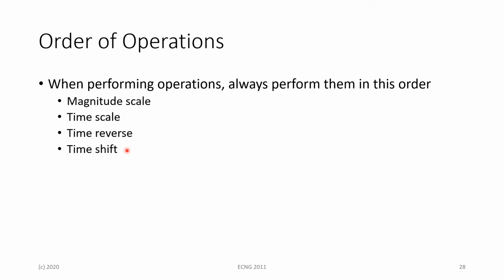And yes, because t0 is a constant and t is a variable, t0 is not affected by t. So always perform the operations in this particular order to do your signal manipulation.